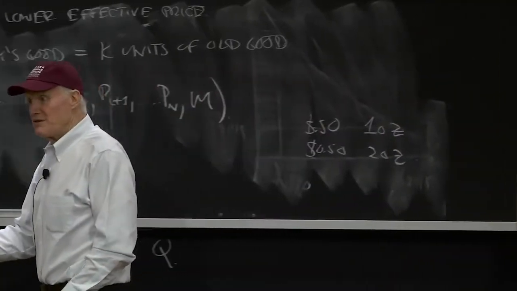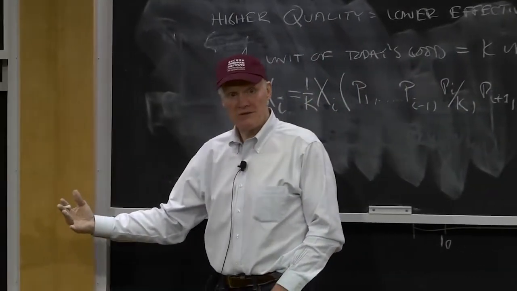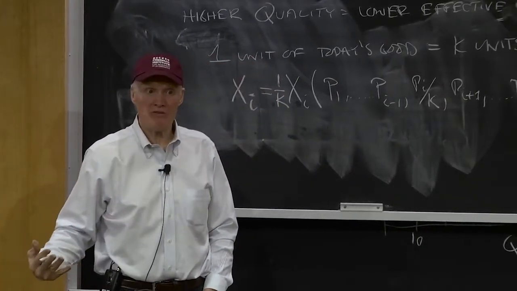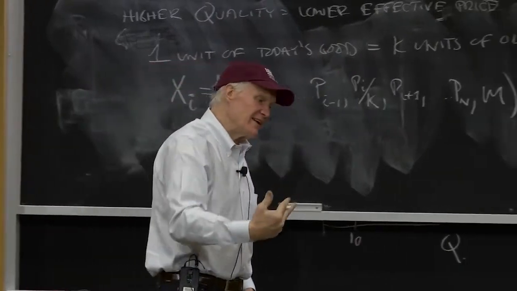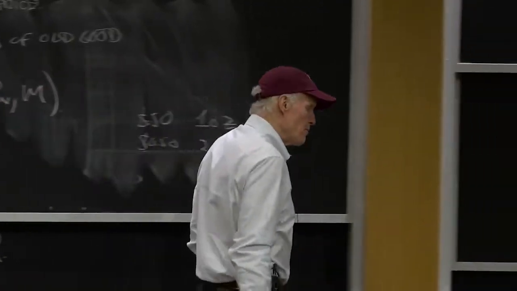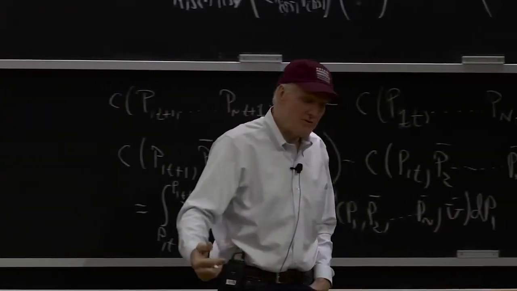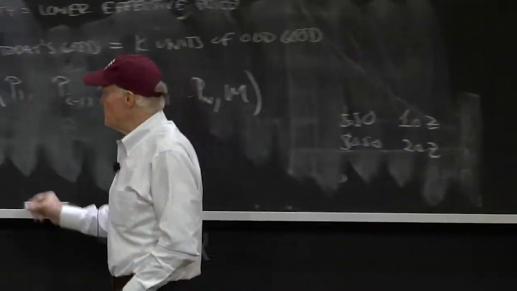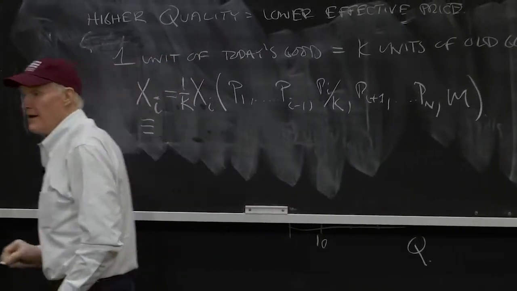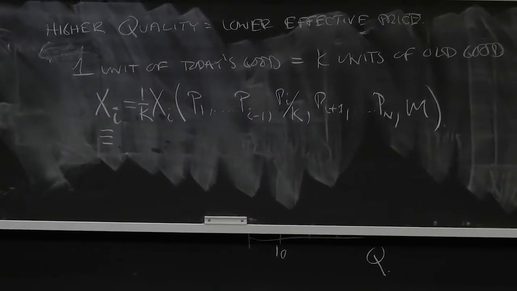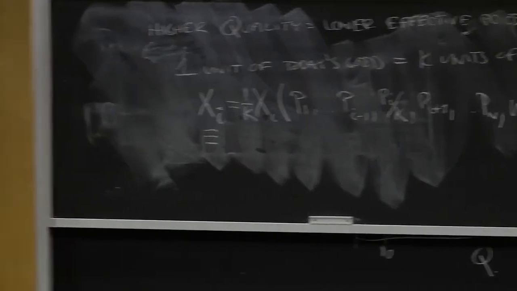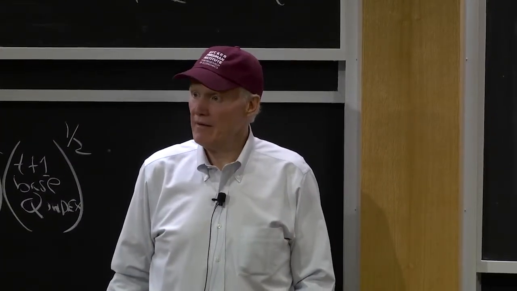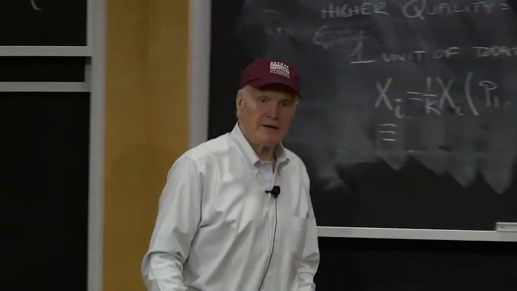I would want more ounces, but less than proportionally more ounces, so I would end up with fewer bars. If demand were elastic, it would go the other way. I would demand more than twice as many ounces, and therefore I would demand more bars. So actually, the demand for this good could go up or down as its quality improved under this model. It gets better in quality, I'd use less. Okay? It's not at all unusual.